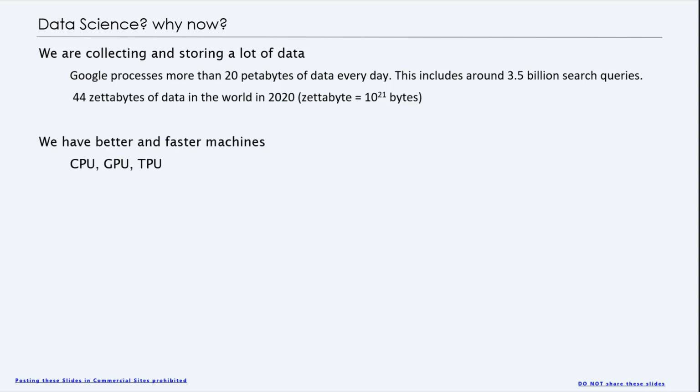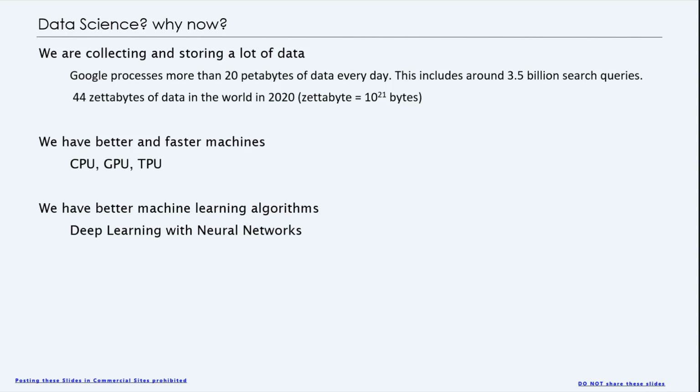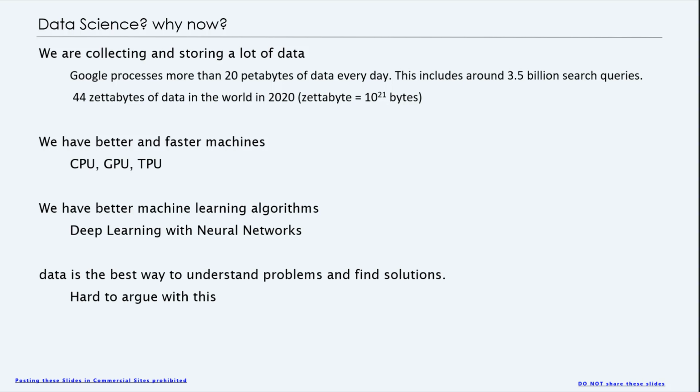We have better and faster machines, such as, obviously, we had CPUs. Now we have GPUs, the graphical processing units, as well as TPUs, the tensor processing units. We have better machine learning algorithms, such as deep learning with neural networks. So it's hard to argue that data is the best way to understand problems and find solutions.